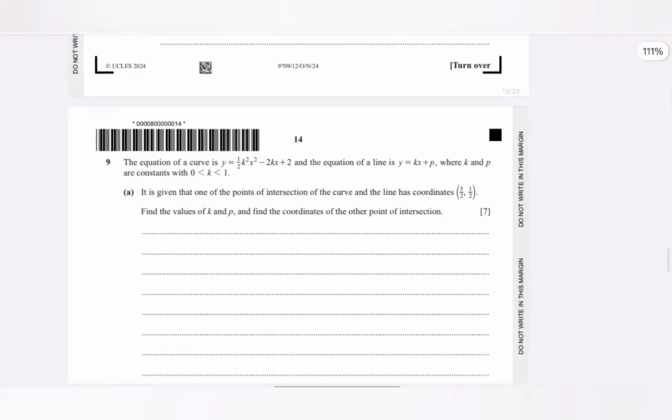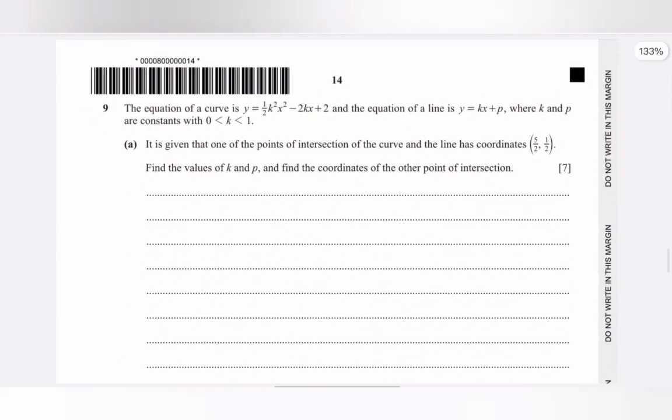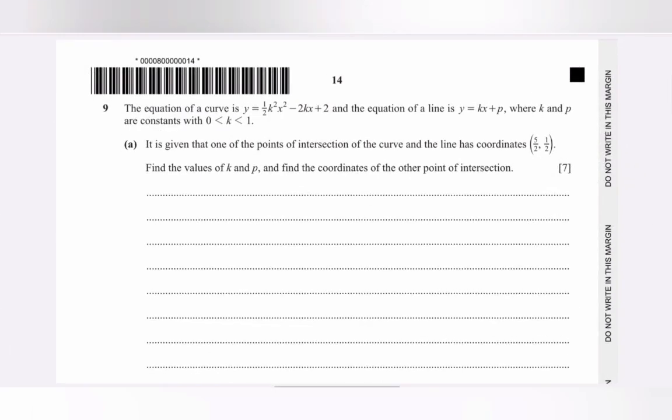And for number 9, you're saying the equation of a curve is that, and the equation of a line is y equals kx plus p, where k and p are constants, with k taking values from 0 through to 1, but the values not being equal to 0 or 1. Part A is saying it is given that one of the points of intersection of the curve and the line has coordinates 5 over 2 and half.